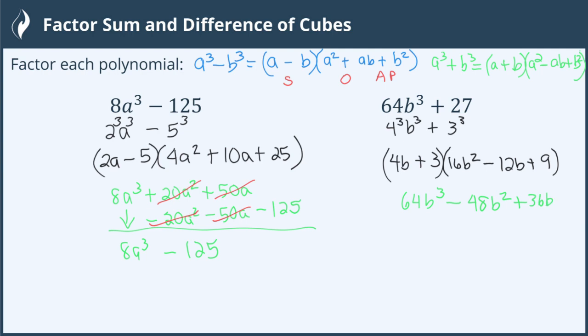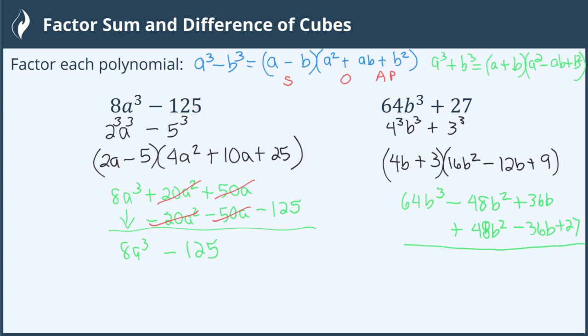And now we have plus 3. So 3 times 16b squared gives me a positive 48b squared. 3 times -12b gives me a -36b. And a 3 times 9 gives me a positive 27.